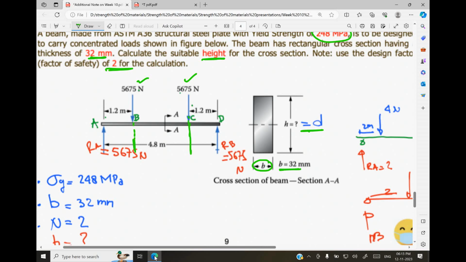It is the same. Why? Because the forces are the same and the distance is also the same. If I put my hand at this point, bending moment will be RA multiplied by 1.2. At this point also it will be RB multiplied by 1.2. It's a very simple problem actually.